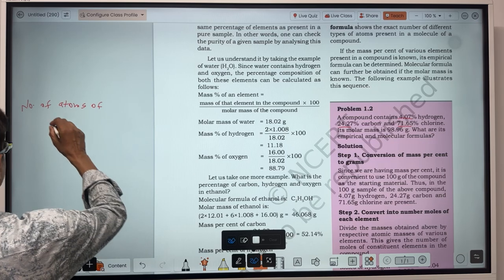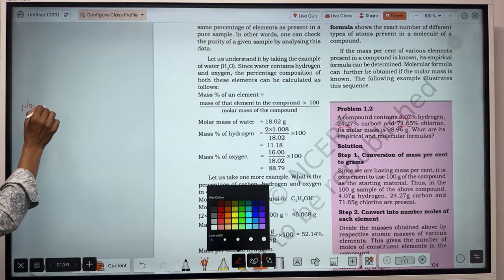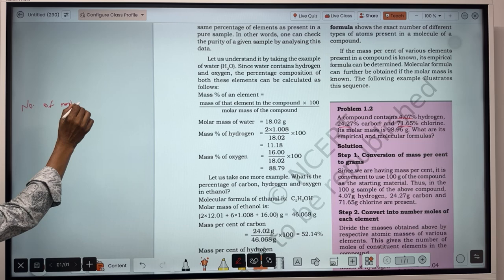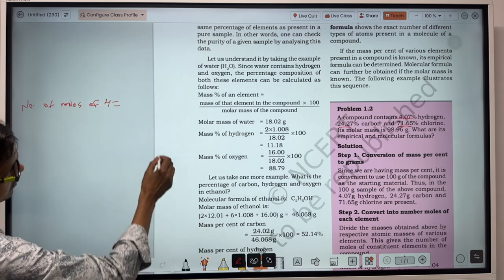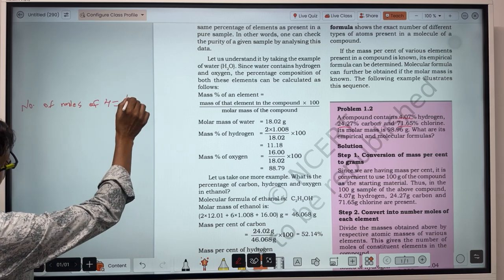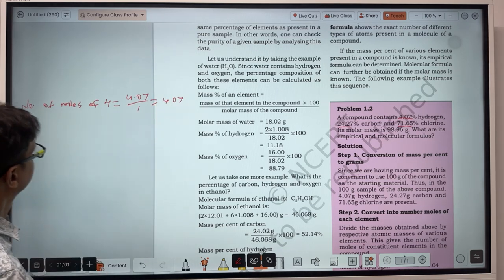The number of moles of hydrogen will be 4.07 upon 1, that is 4.07.